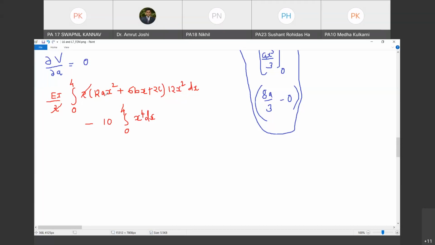That you can find out on calculator easily. So that integration turns out to be 21.33. And you have this 12a sitting outside. So this multiplied by 12. So it is 256.